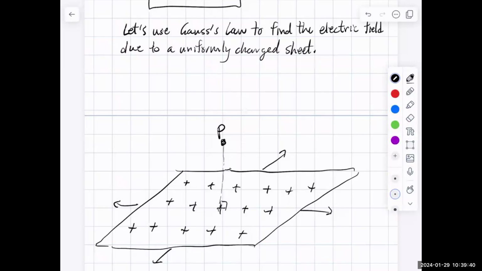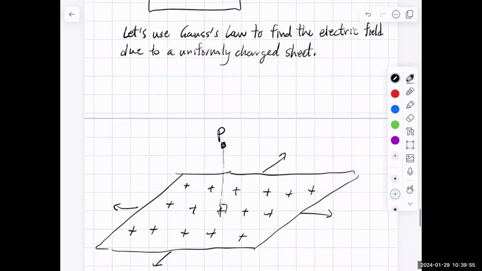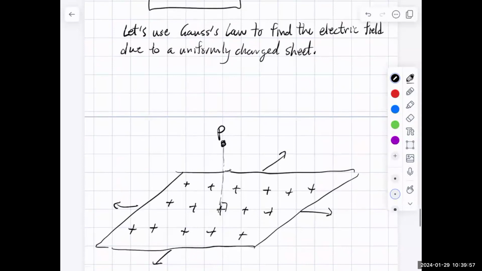Why isn't it up and to the left or something like that? Yeah, a point charge over here would make an electric field that points up and to the right, but one over here is going to make an electric field that points up and to the left, and the left and right components will cancel, and just the upwards components will always add. Okay, so over here, we're going to have the electric field pointing upwards.